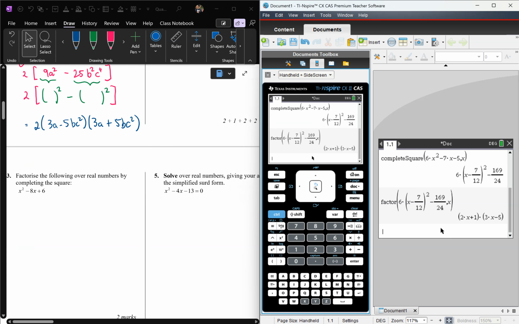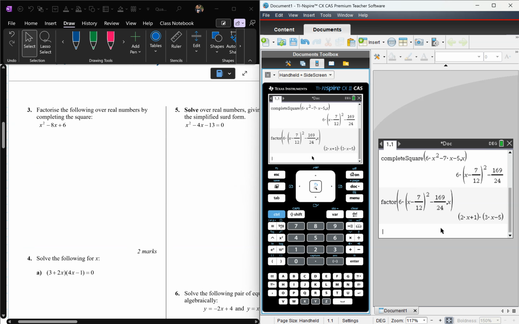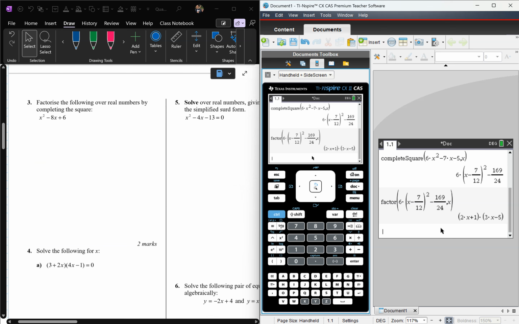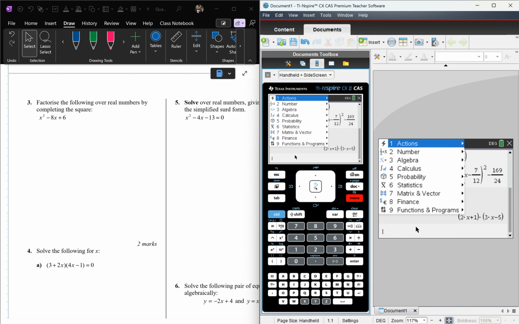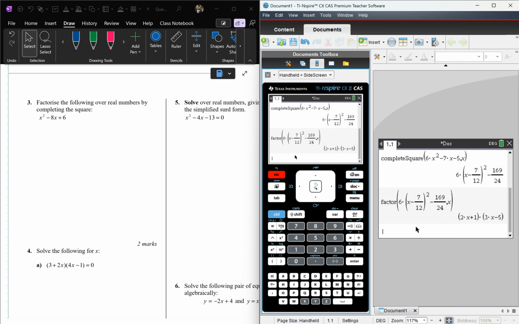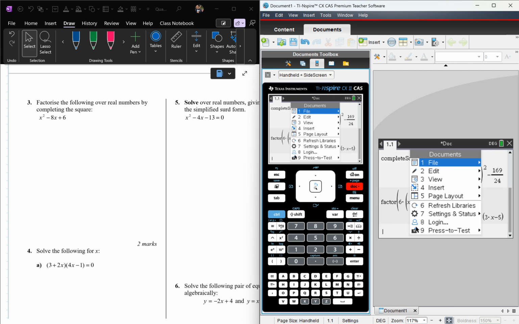What else can I teach you that you may not have learnt? Settings. For those who do general maths, when you're doing methods, you might need a switch here. Make sure your settings, when you're in methods, we always do in exact form. We never do it approximate, and we never use the decimals. So to change the settings, go to the Document button, go to Settings.